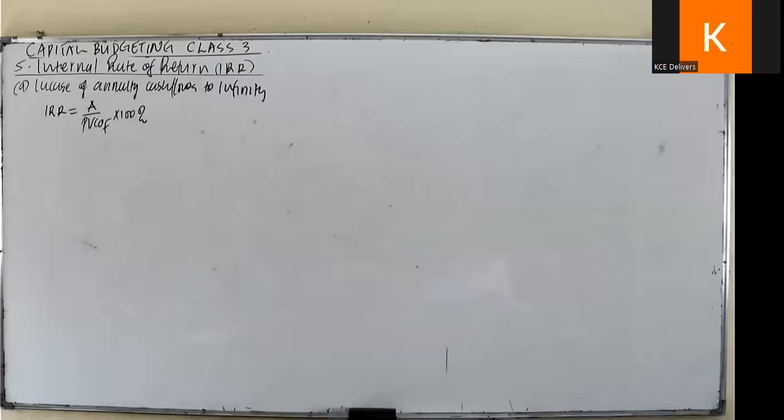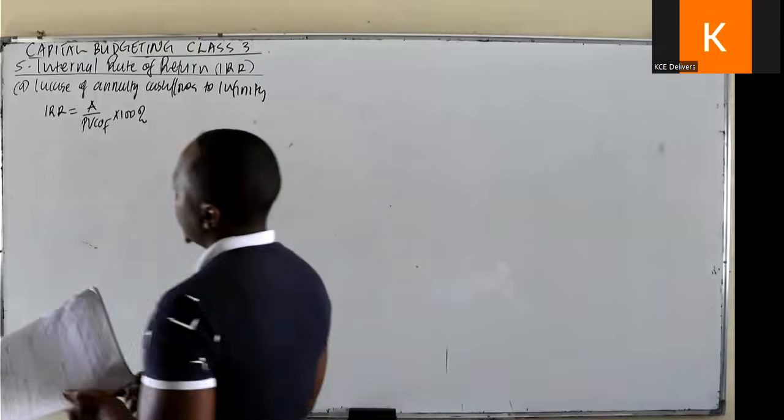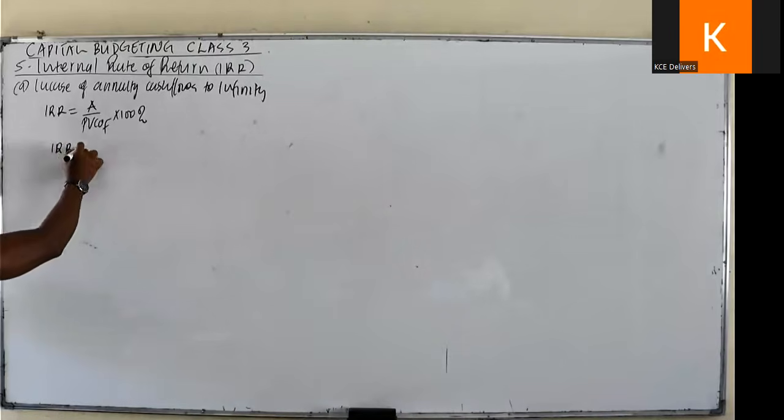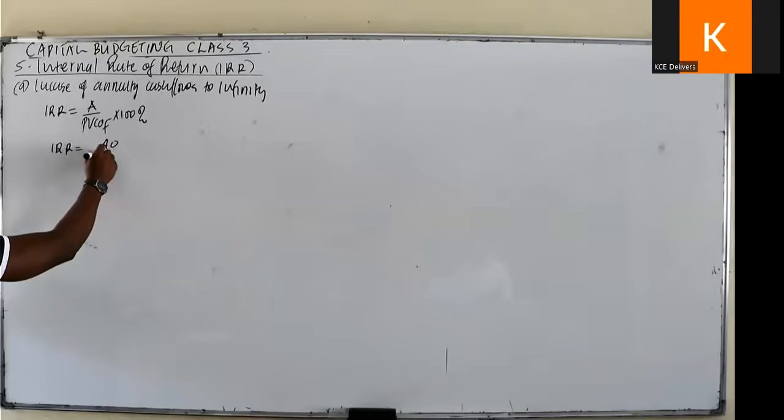Determine the IRR of the project. So in case the project is generating annuity to infinity, you take the annuity, which is 40 million, and divide by the present value of cash outflow.